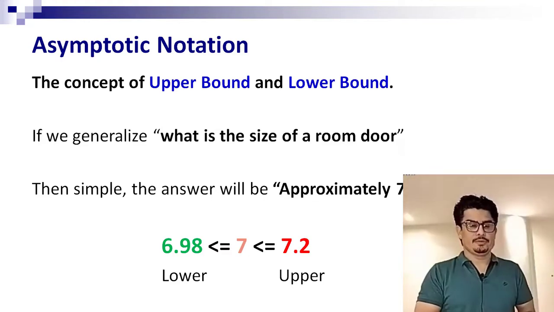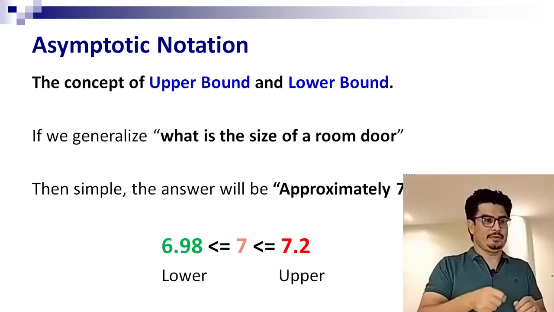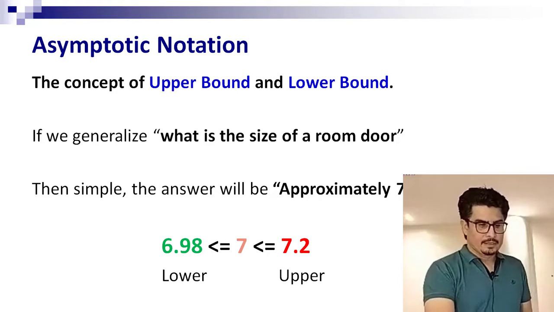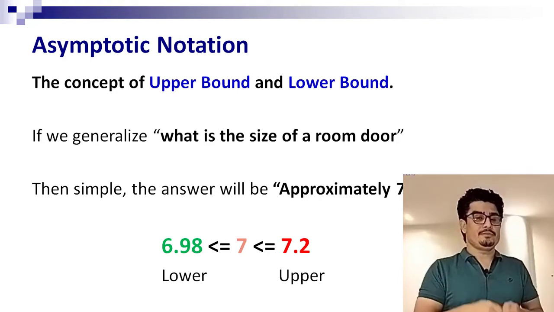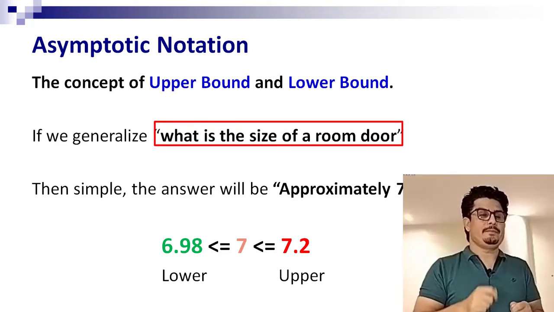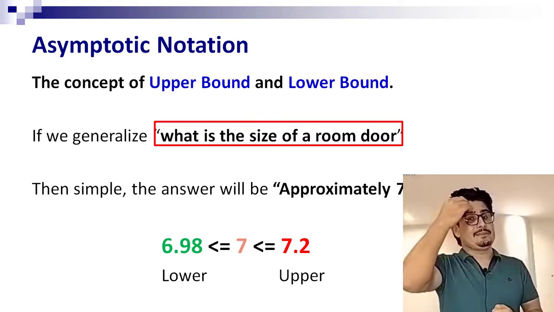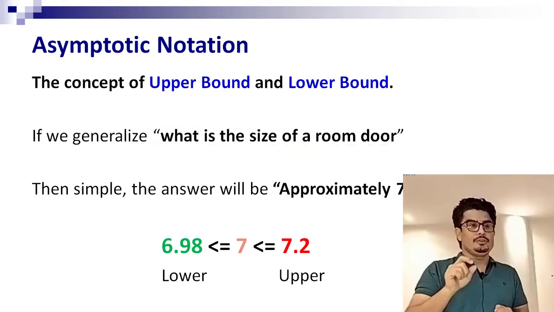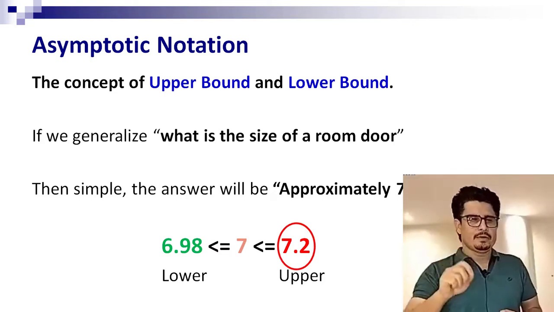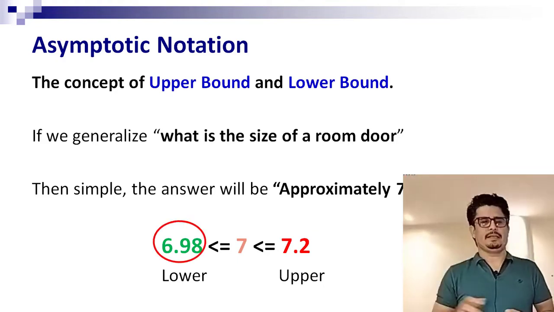In the next video, we will discuss the asymptotic notations, and we will have some examples as well. Here I will give you just a general example. For example, if you ask me what is the normal size of a room door, my answer will be approximately 7. Approximately 7 means that it can be 7.2, 7.3 somehow, or it can be 6.9, 6.6, 6.8, something like that.